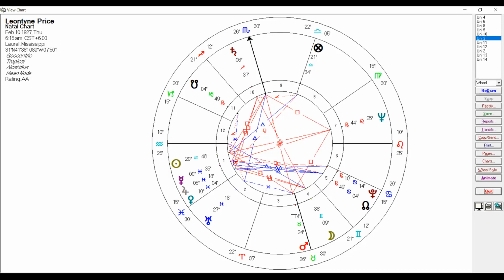And then we also have the moon applying to this exalted Venus, who is the primary significator for the profession in this chart. And so is Saturn. So we've got this moon-Saturn opposition involved in a T-square with this Venus. So that's one of those places where we have exactly what we've been looking for.